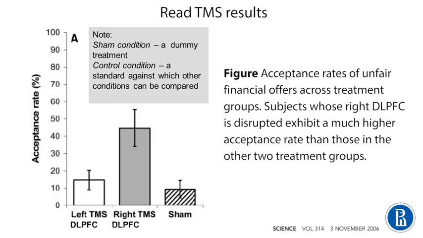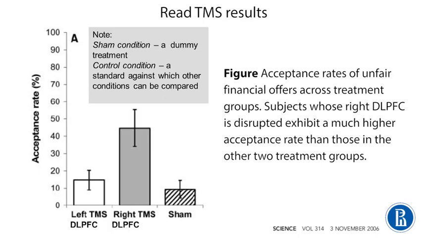So by stimulation of a certain brain region, the right dorsolateral prefrontal cortex, we can change our reaction to the unfair financial offers. We start to agree with unfair financial offers. So by transcranial magnetic stimulation, we can change our decisions.